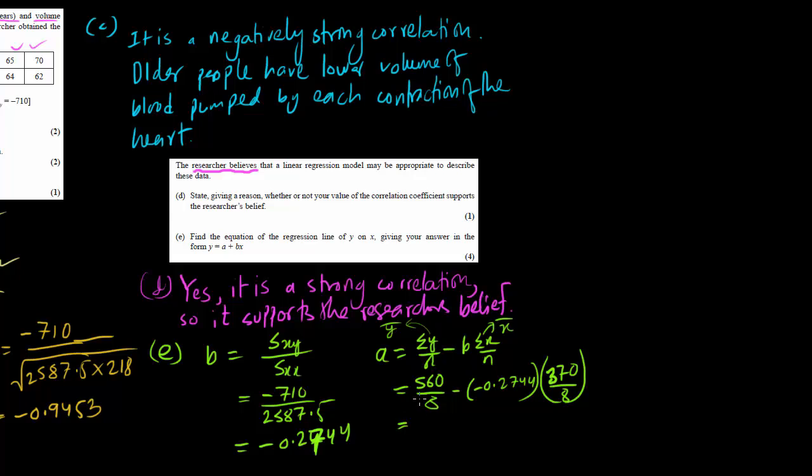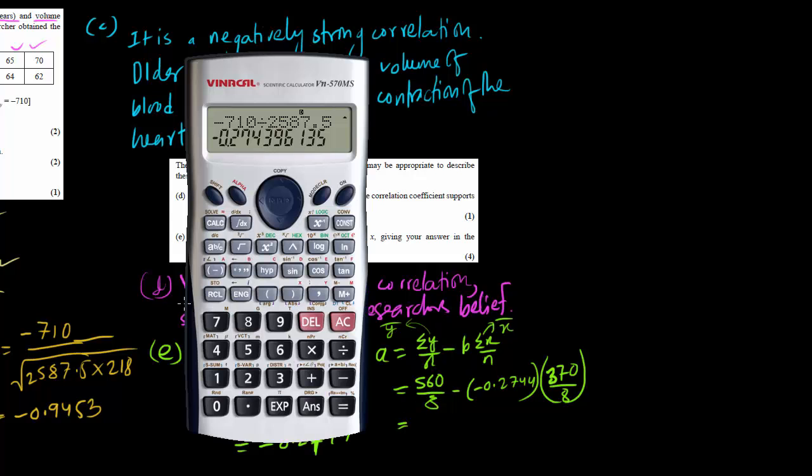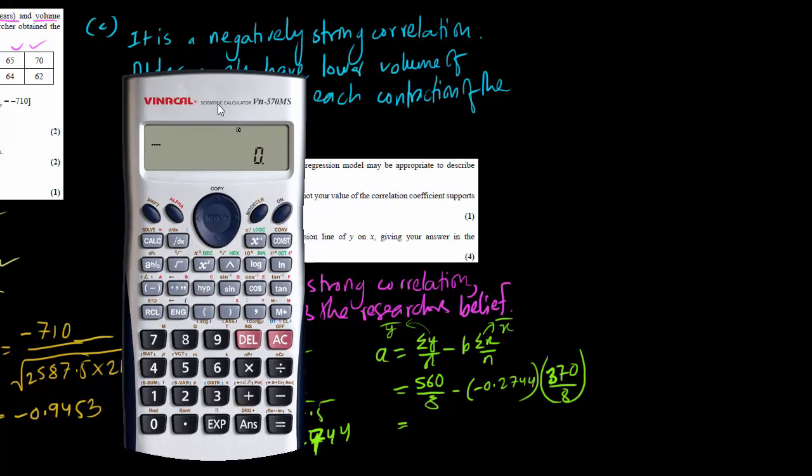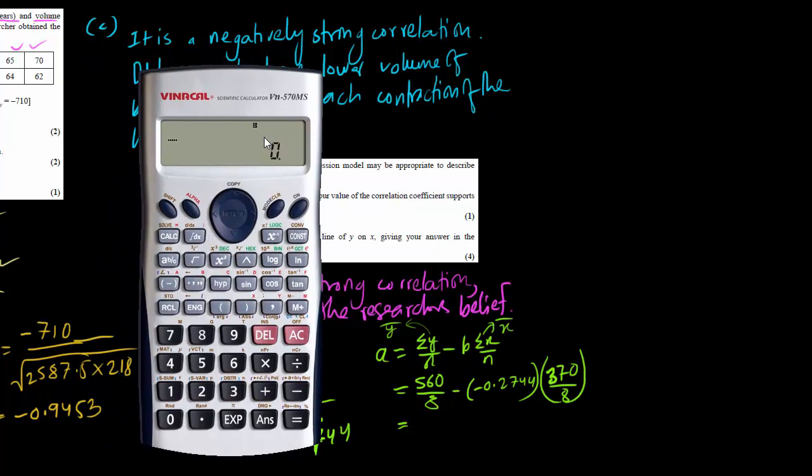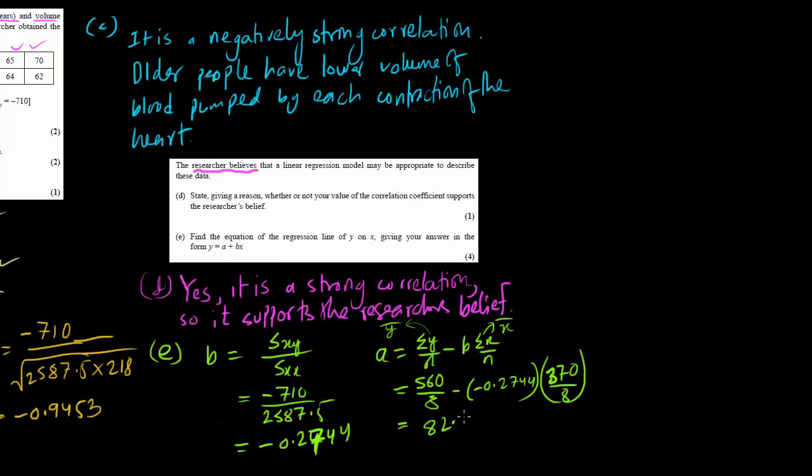That's the number of data we have. So let's calculate this, and this turns out to be, first of all, 0.2744 multiplied by 370 divided by 8, and since minus and minus make plus, we can just add 560 by 8, and the value is 82.691.